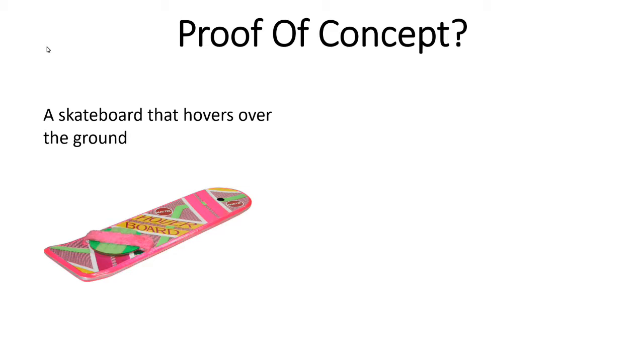Here's an example of how you would decipher if your product needs a proof of concept. So in this case, we have a skateboard that hovers over the ground. Okay, if you've watched Back to the Future 2, you saw Marty McFly hovering over the ground on the hoverboard.